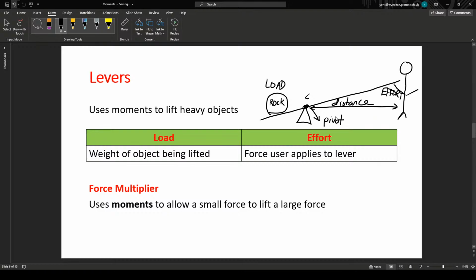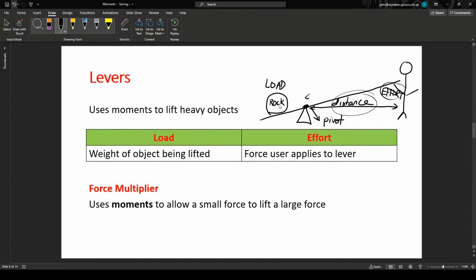So that way, when we have our force, which is effort, times our distance to the pivot, we have a really, really big moment. And that big moment is a big turning effect on this lever that can then possibly lift the rock up.